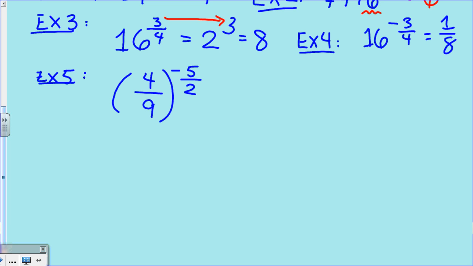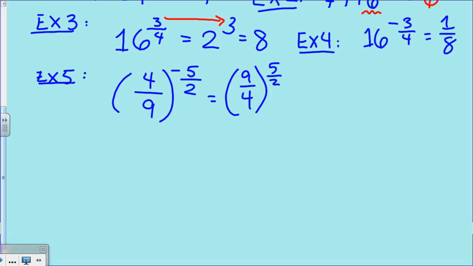Last thing, we can do first. What is probably my recommendation? Deal with the negative first. So we're going to flip the 4/9. Now 9/4 is raised to the positive 5/2. And instead of saying the positive 5/2, I am saying what type of root is described. Square root.